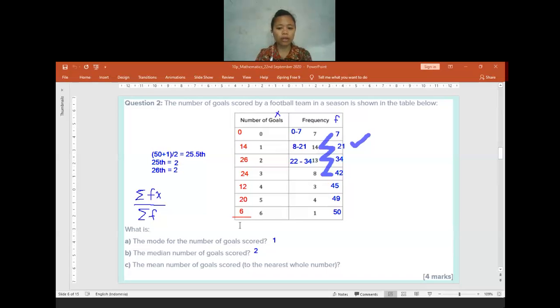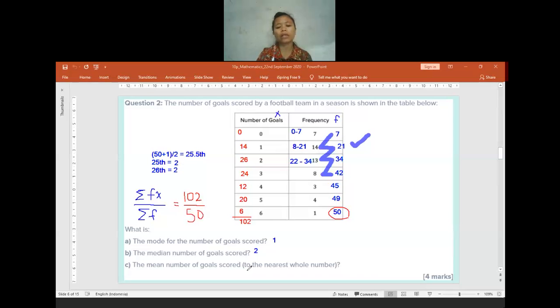Okay, 102, correct. Thank you. The sigma f is the total frequency. If you already used the cumulative frequency before, the last number will be the sigma f. So now we already have the sigma fx, which is equals to 102, and the sigma f will be equals to 50. We need to divide them.